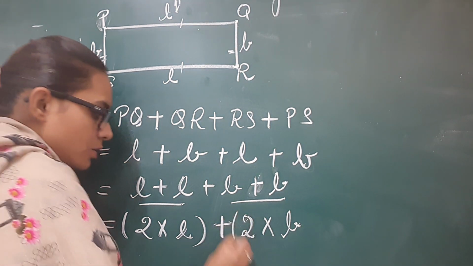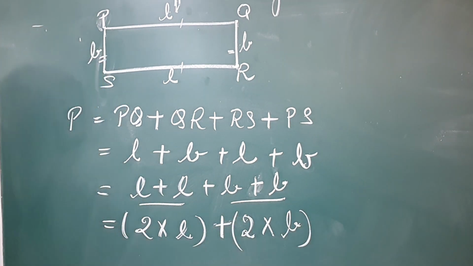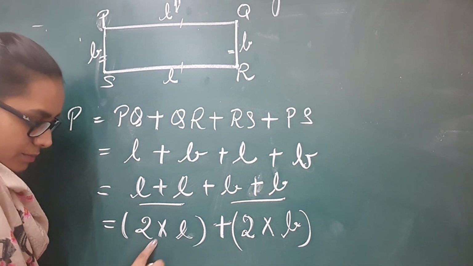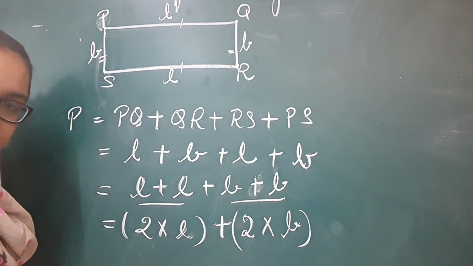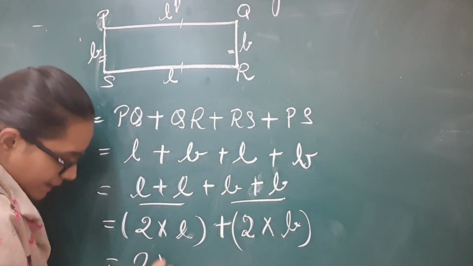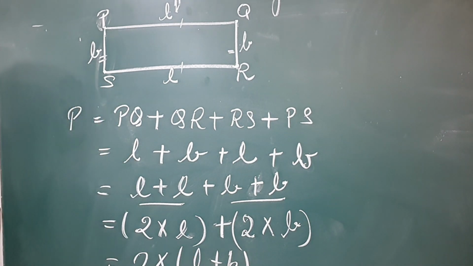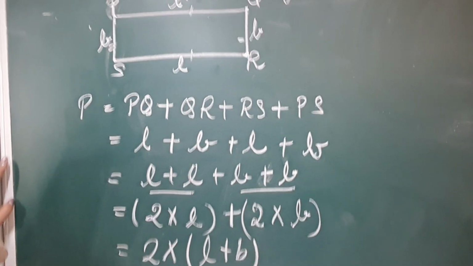Yes or no? So by doing this, we have come to know that both are twice, so we can also write 2 times length plus breadth.